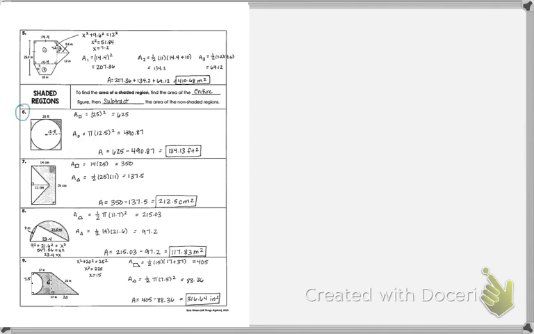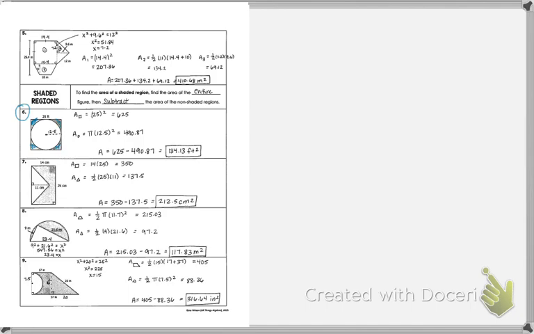Here you have your square, and you have a circle inside it. What you want to know is the shaded area. Find the area of that shaded region.